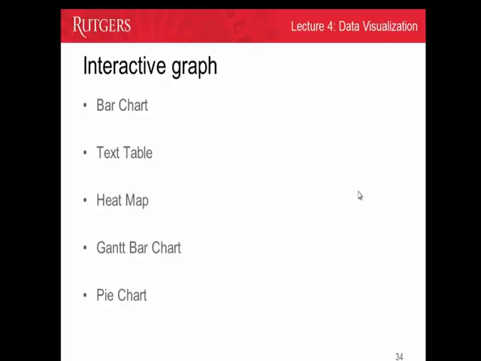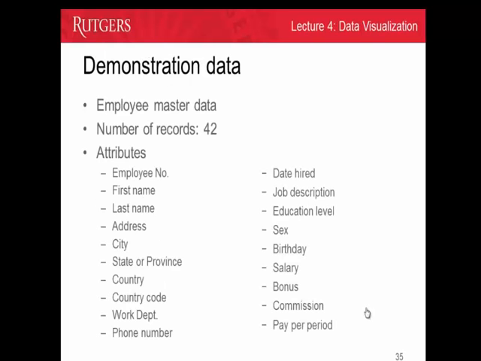In Tableau Public, you could create graphs including the bar chart, also the line chart or the histogram, and all these standard charts. Also, it could create the text table, the heat map, the Gantt bar chart, and the pie chart.